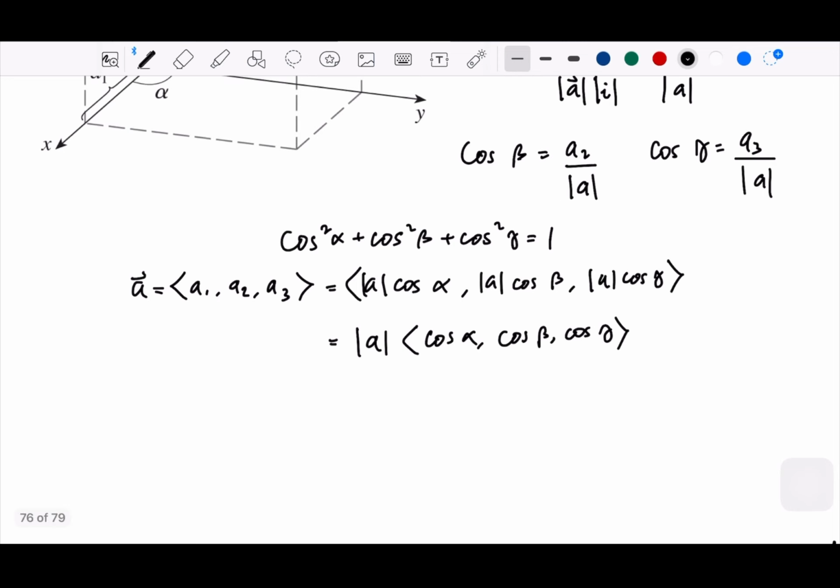Therefore we could write A over magnitude of A equals cosine alpha, cosine beta, and cosine gamma.